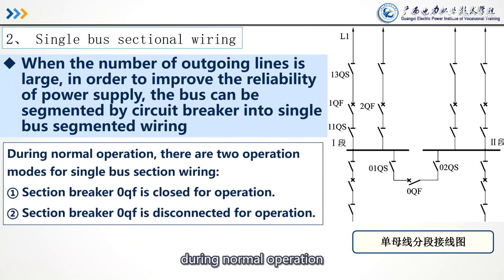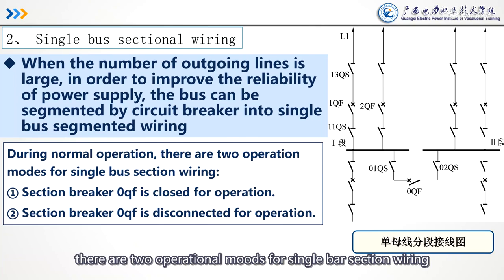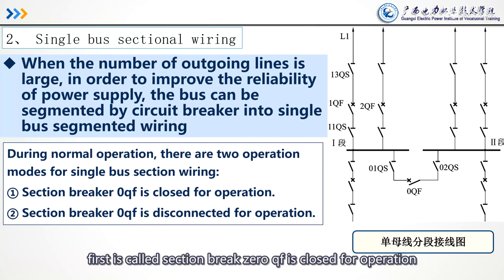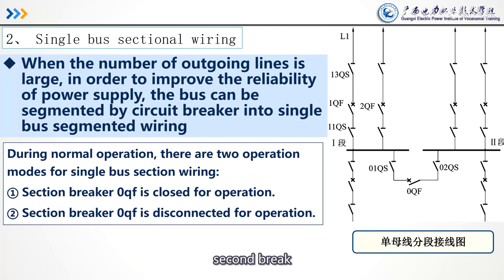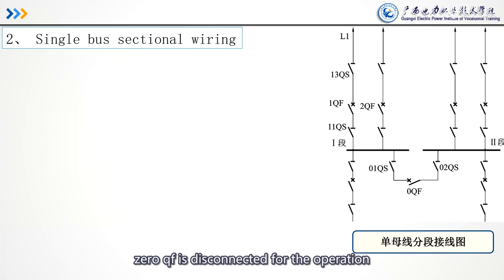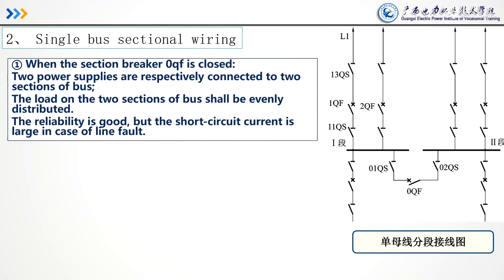During normal operation, there are two operational modes for single bus section wiring. First, the section breaker 0QF is closed for operation. Second, the breaker 0QF is disconnected for operation. When the section breaker 0QF is closed, two power supplies are respectively connected to two sections of bus.